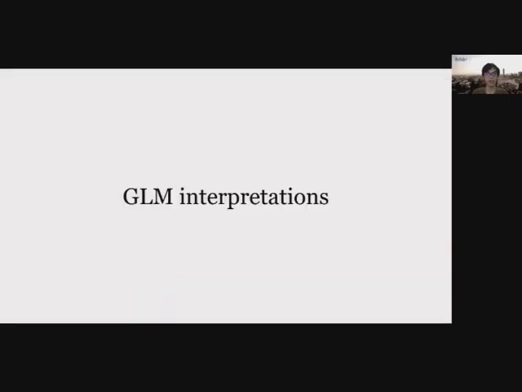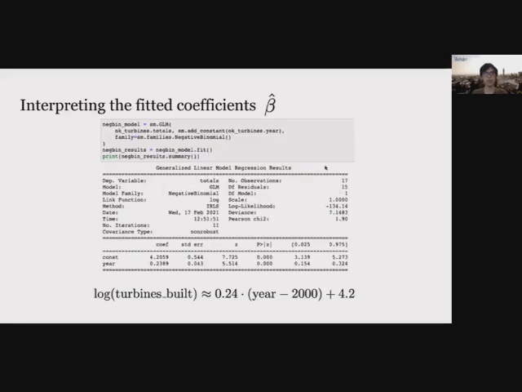In this video, we are going to revisit the topic of GLM interpretations that we studied in the previous lecture. So let's revisit this demo about the wind turbines dataset in which we use the statsmodels package to fit a negative binomial model. When we fit the model, we get this output.